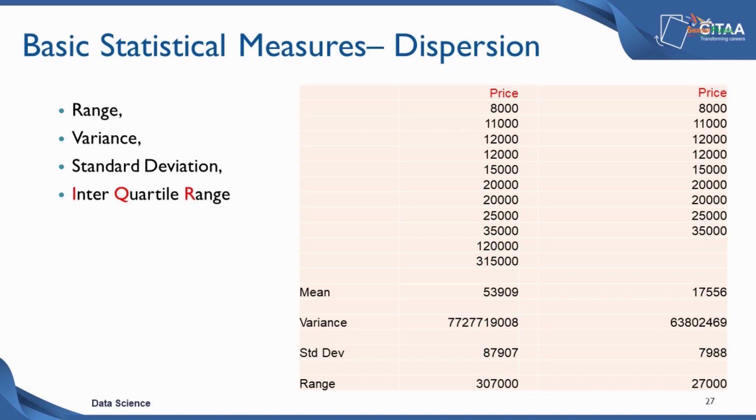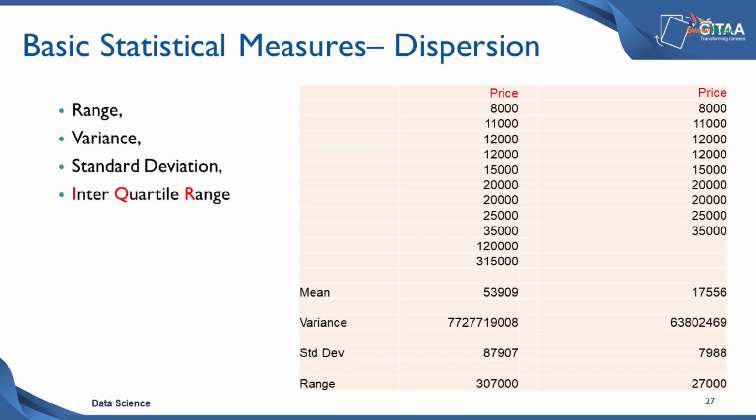Before we quickly look into the different measures, the range is nothing but the maximum value minus the minimum value. So that's 315,000 and 8,000 here, and it's 27,000 and 8,000 here in this case. So the range tells you the difference between the max and min, and that's an indicator of how widespread the data is.